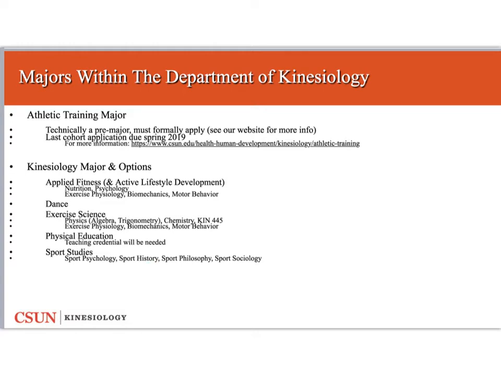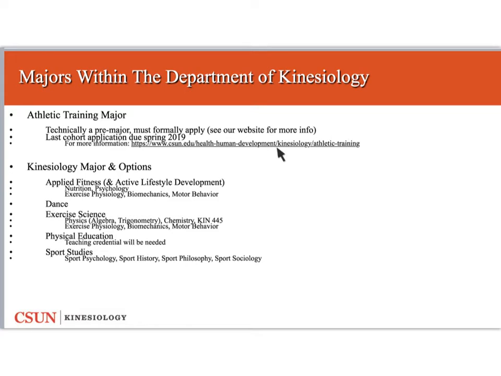Within the Department of Kinesiology, we have 2 majors. We have the athletic training major and we have the kinesiology major. If you have declared athletic training, you are technically a pre-major. To formally be a part of the athletic training program, you must formally apply, and you can get information about that on our website.